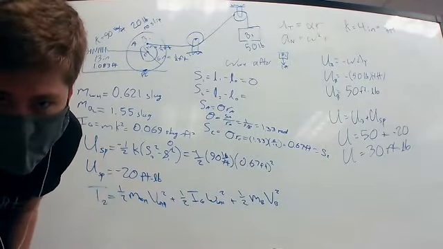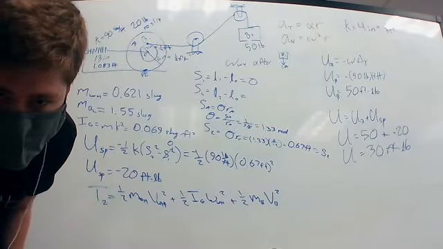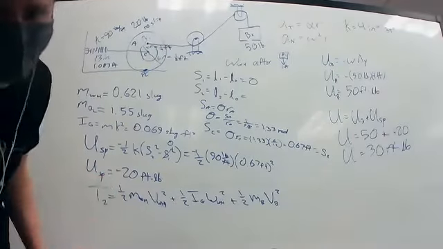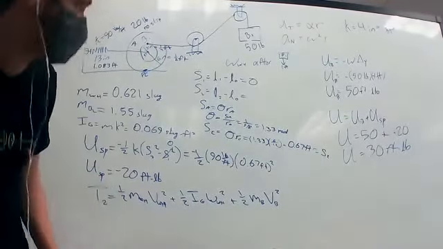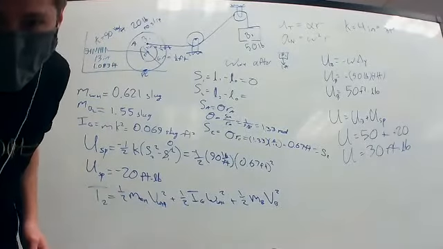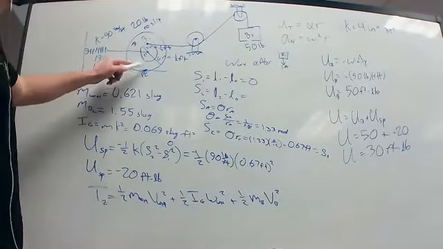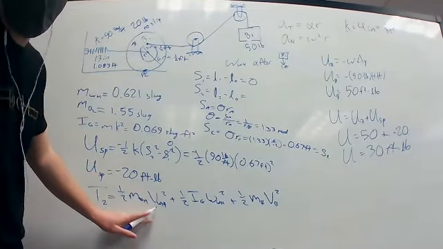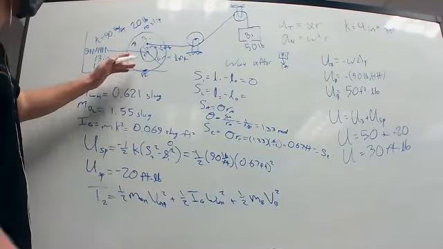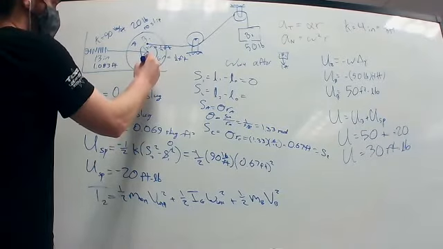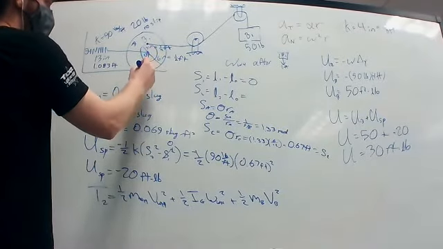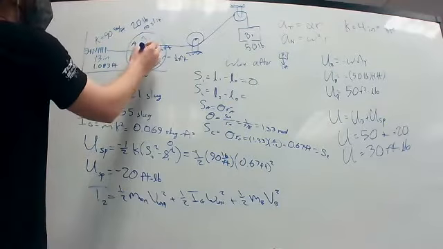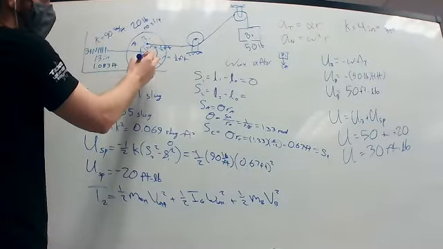So what we can do is say that velocity of the wheel is equal to velocity of G, the center, which is equal to omega of the wheel times R. At the beginning, the velocity here at the center is going to be equal to omega times R.